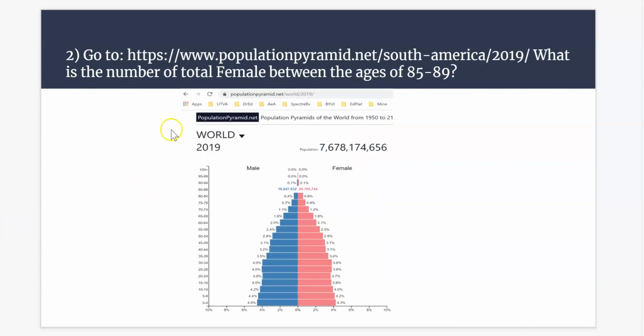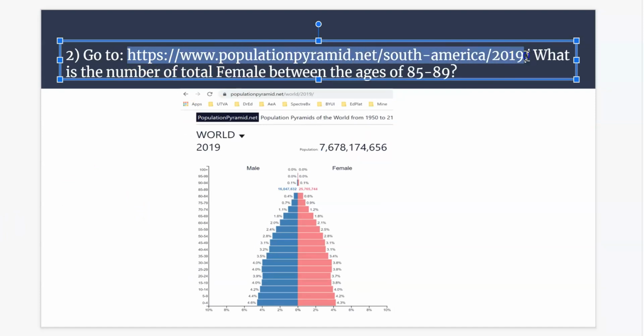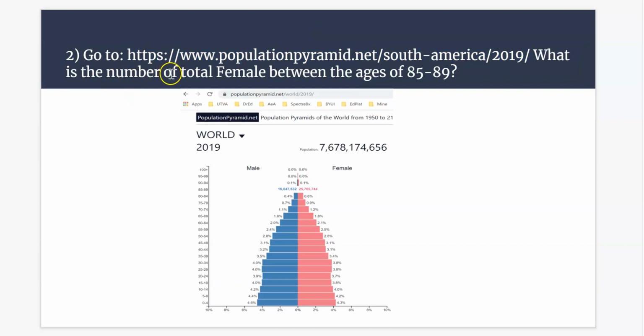Number two, it says go to this website right here, and they're going to ask, what is the number of the total female population between 85 and 89? If you look at this right here, you see 85 and 89. If you scroll over it with your cursor, it's going to give you a number.